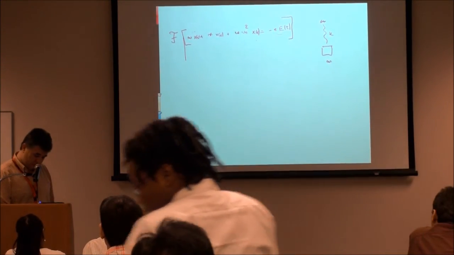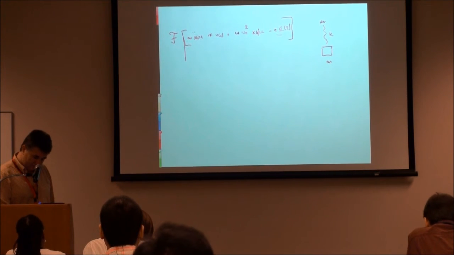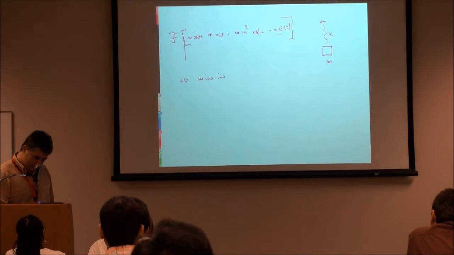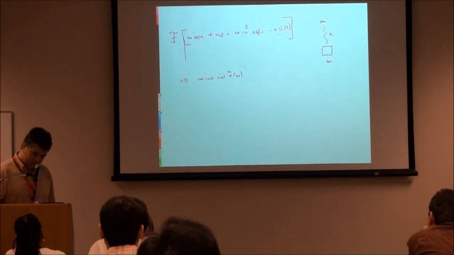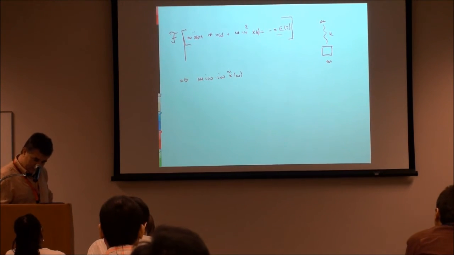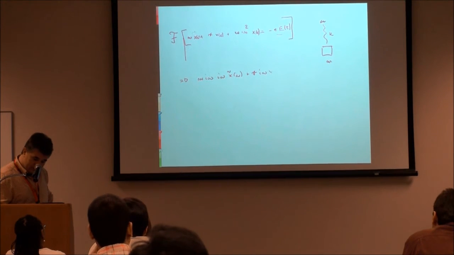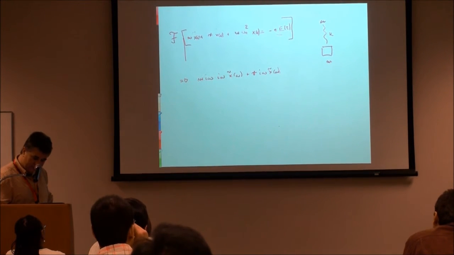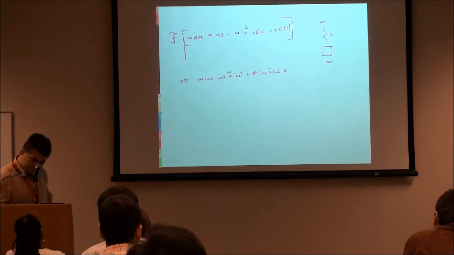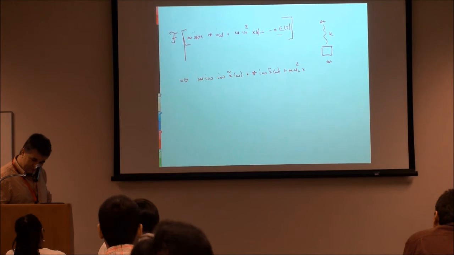So the Fourier transform of this thing is what? m omega times i omega x of omega. I can put a tilde to be more correct, basically, plus gamma x dot is i omega x tilde of omega, that's the Fourier transform of x, plus m omega naught squared x tilde of omega.